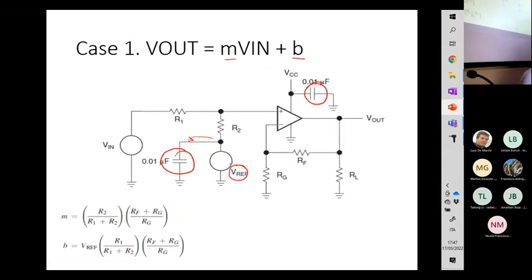To better understand this combination, what you can observe is the fact that when you want B positive, the reference voltage is somehow connected to the positive branch. And similarly, when you want an M positive, the input is somehow connected to the positive branch.